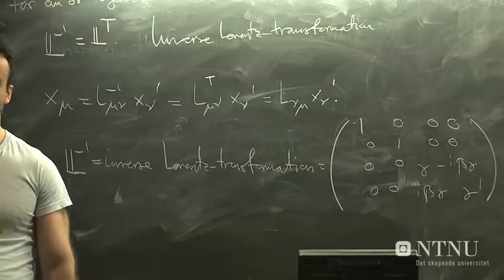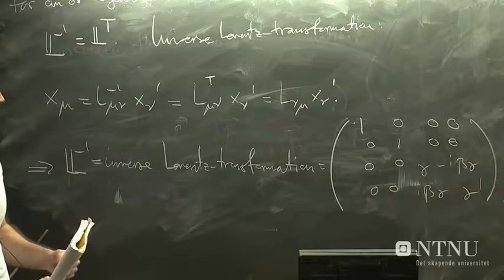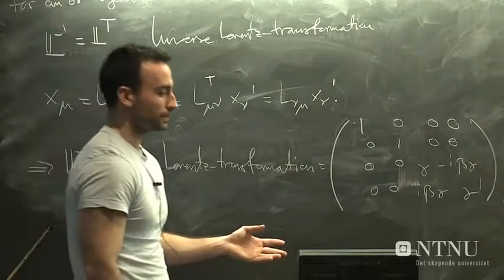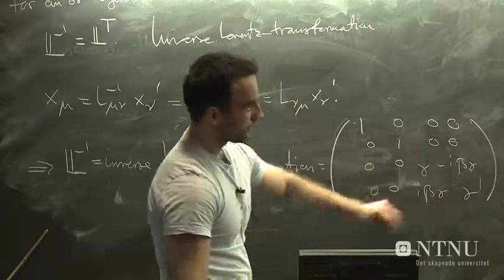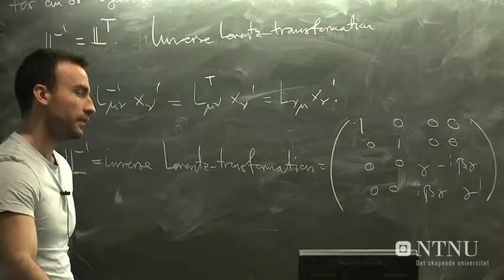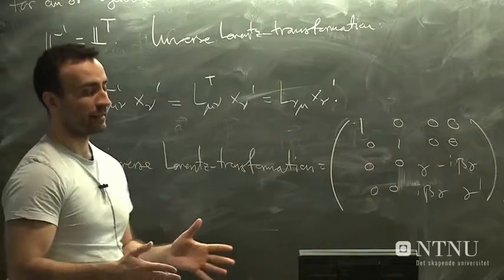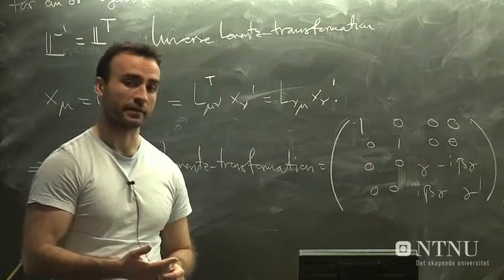Considering just for simplicity here the case where we have motion along the z-axis, it's just a transpose. Does this result seem consistent with what we said previously about inverse Lorentz transformation?